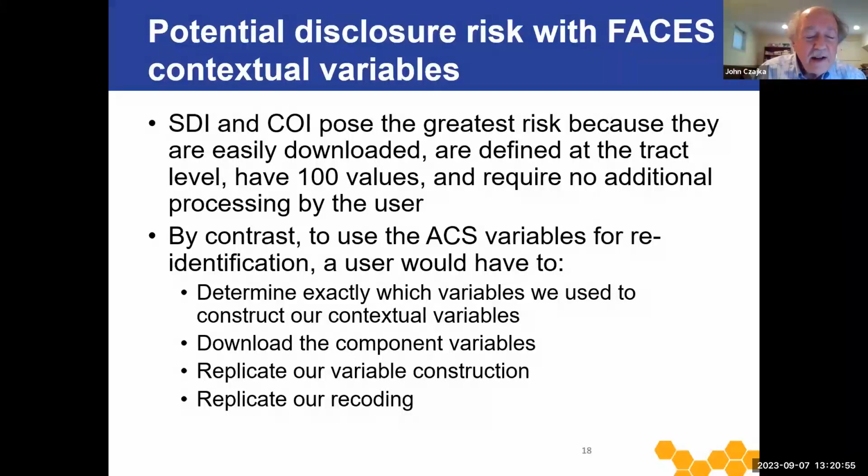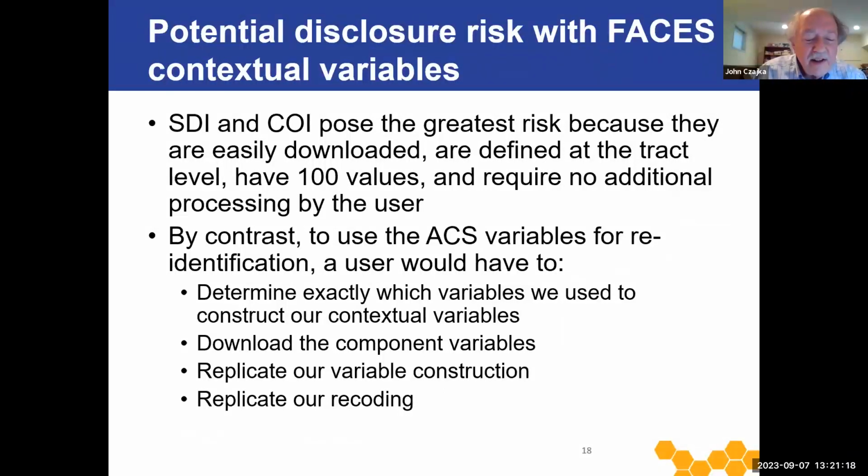The downloaded data provide a social deprivation index or a child opportunity index value for every census tract in the US. So with these data, a user could sort the tracts by combinations of these two indices and determine what census tracts have the same combination of values as a particular FACES center.